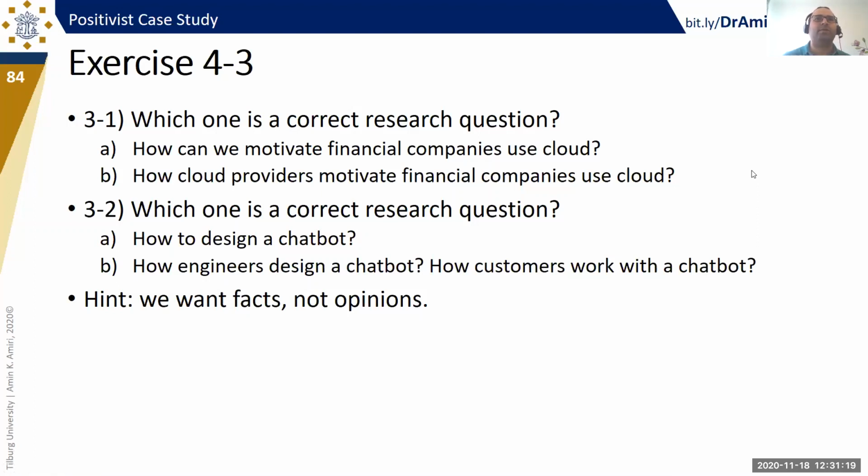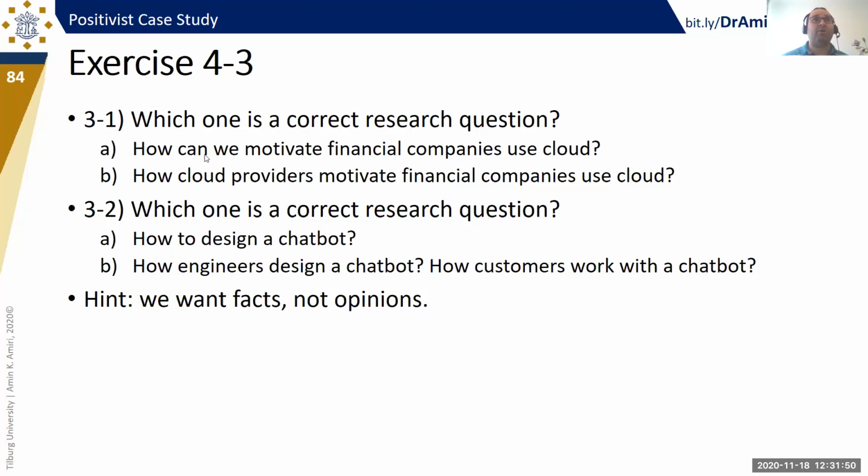Which one is a correct research question? You see here, the problem is that the question in A tries to get opinions of the people, the interviewees.